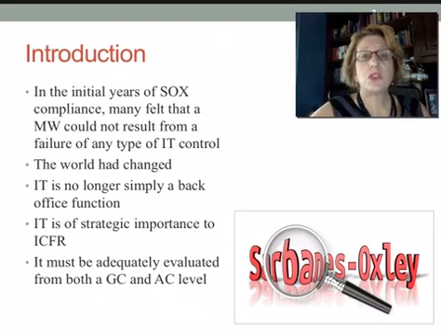Our systems are where we get all our information from our subsidiaries. We consolidate everything. We pull it together for our reportings in our SEC reports. So it's important that it be adequately evaluated from both a general controls and an application controls perspective.